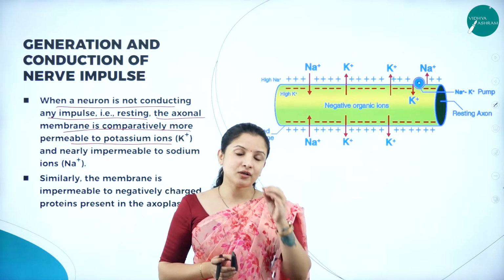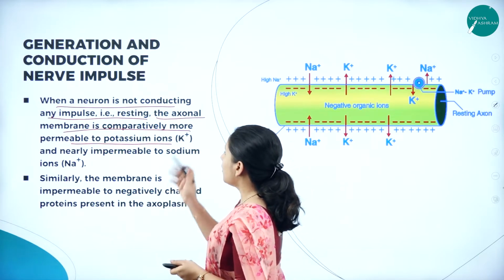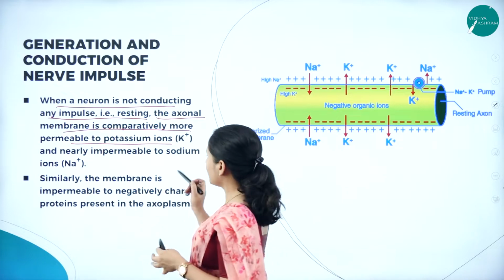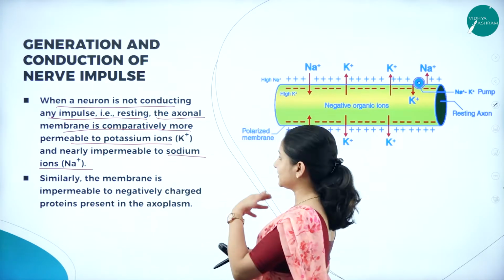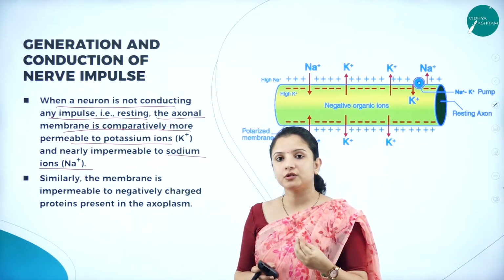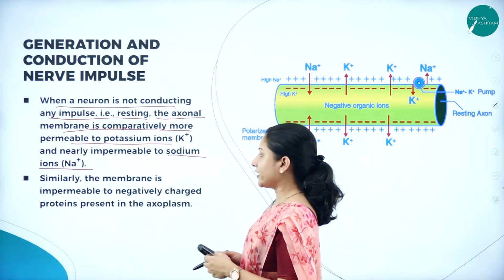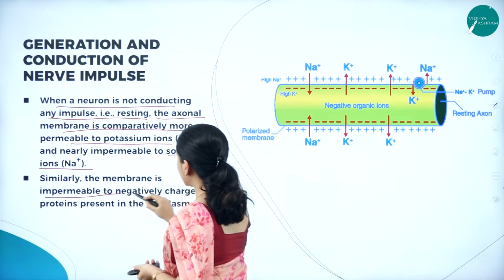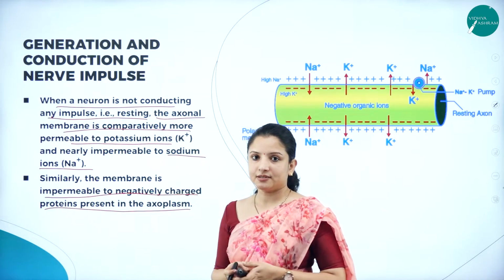When an axon is in a resting state, they are more permeable to potassium ions, but somewhat permeable to sodium ions. Similarly, the membrane is impermeable to negatively charged proteins present in the axoplasm.